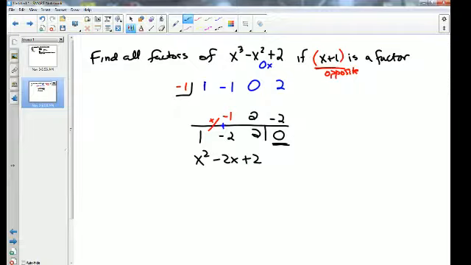Okay. X cubed divided by x is x squared, right? That's our first term. Okay, you are dividing x cubed by x, right? That's x squared. That's our first term.